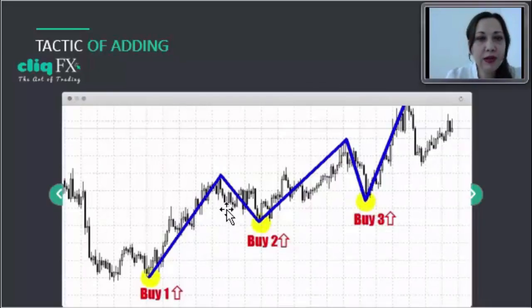I will show you in the slide here. And after that, the correction follows. You wait for the correction movement to take place, and at the already made minimum, you open buy 2. So you see, we open buy 1 and buy 2.